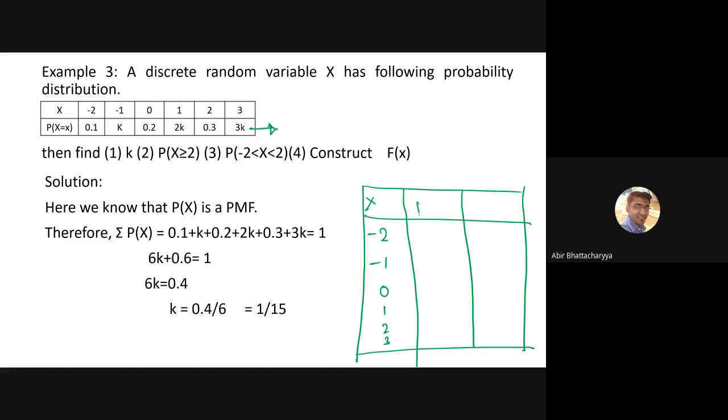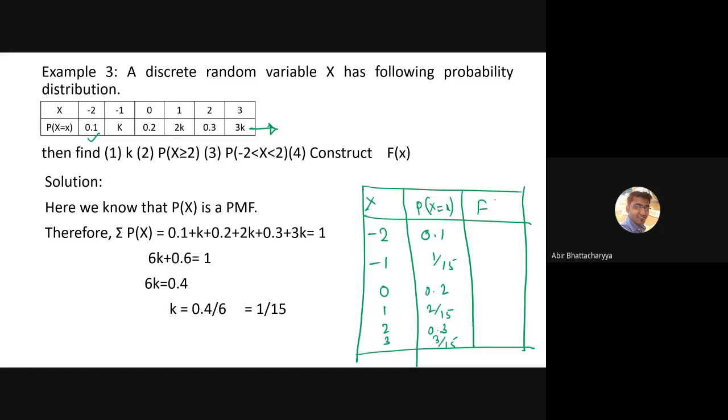So what is the probability? The probabilities are: first 1 by 15, second is 2 by 15, third is 3 by 15, and so on up to 3 by 15, using k, 2k and 3k.